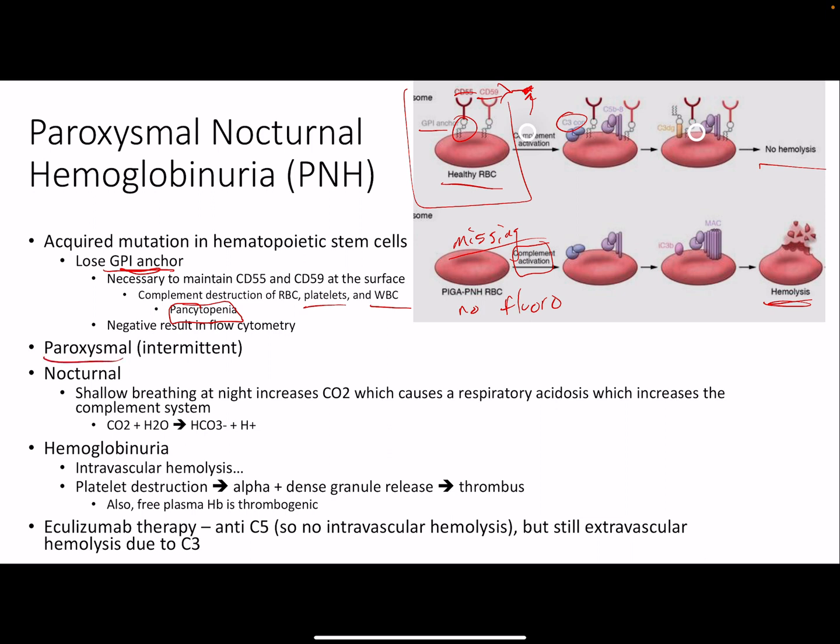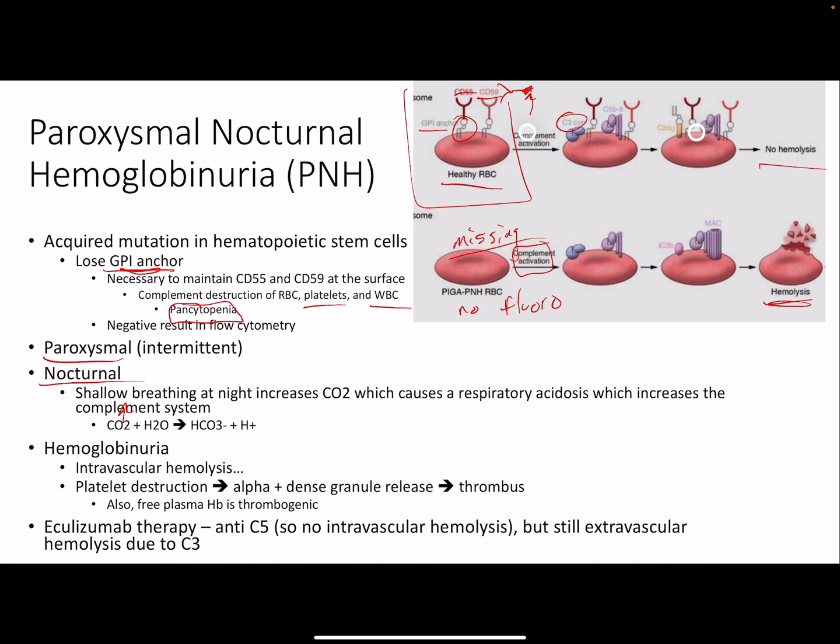So paroxysmal just means that it's intermittent. It comes and goes. Now it comes a little bit more at night. So this is actually debatable, but let's just go ahead and say it comes more at night. The idea here is that at night you're hypoventilating, and this shallow breathing might increase the amount of CO2. So you're not breathing out as much, so the CO2 goes up.